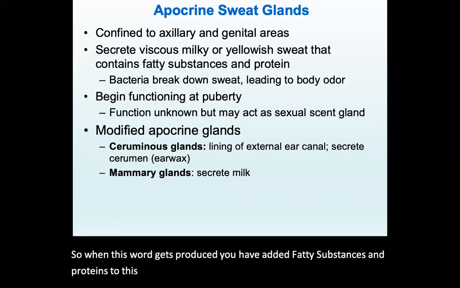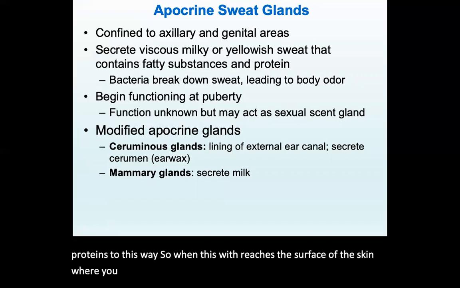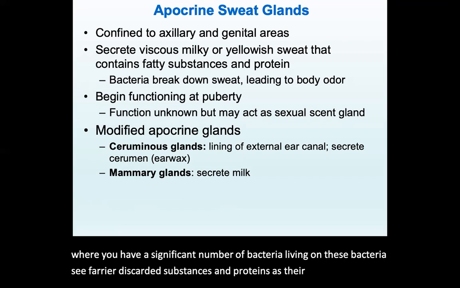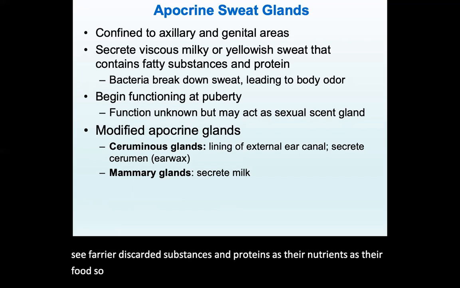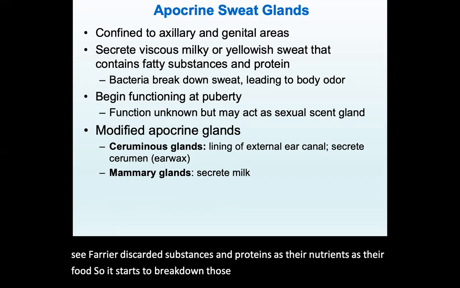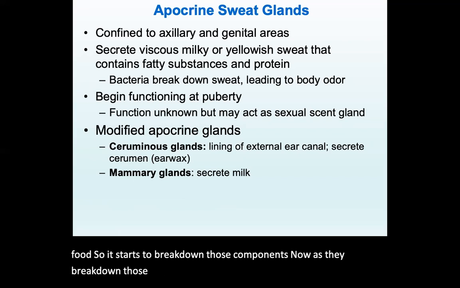So when this sweat reaches the surface of the skin, where you have a significant number of bacteria living, these bacteria see these fatty substances and proteins as their nutrients, as their food. So they start to break down those components, and as they break them down, they produce a byproduct, and that byproduct is what makes the body odor.